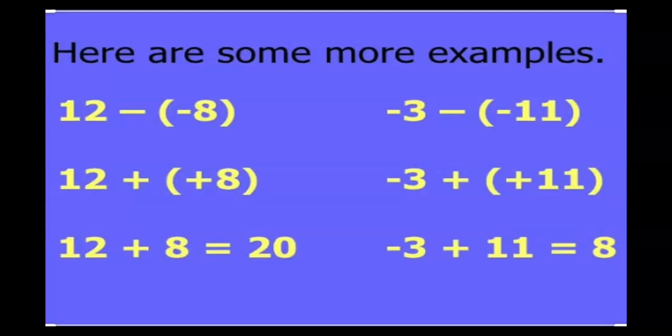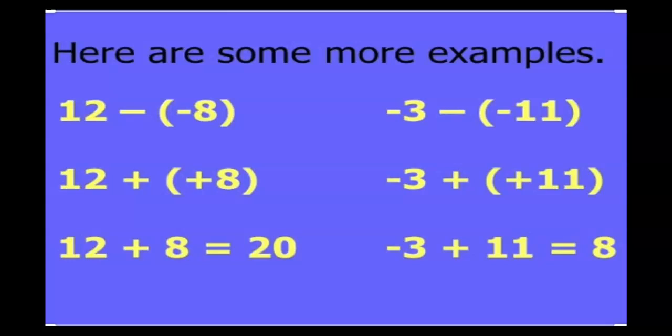So I am going to change it to addition. And the third thing, that is the second number, -8. I'll be writing the opposite of minus 8, that is plus 8. So what is my answer? 12 plus 8, which is equal to 20.